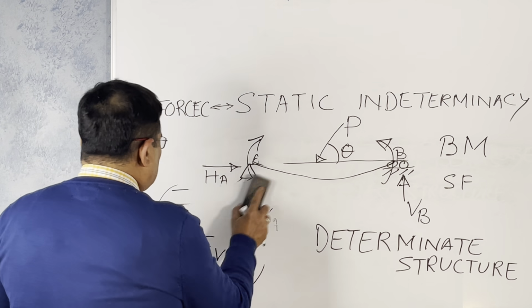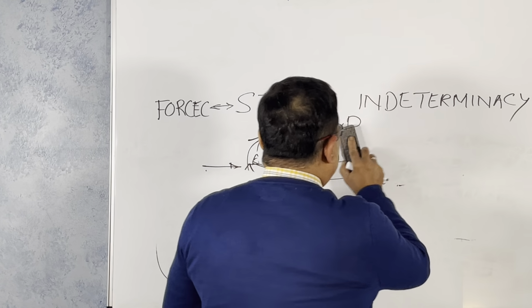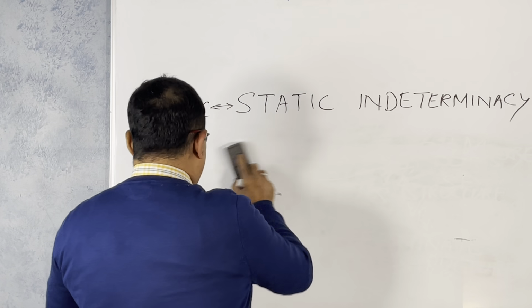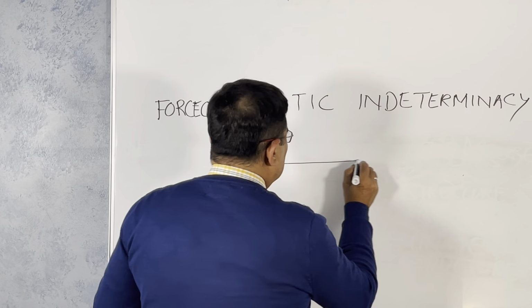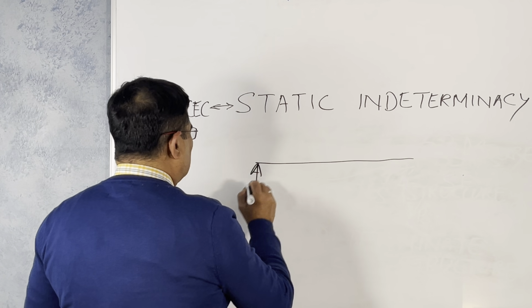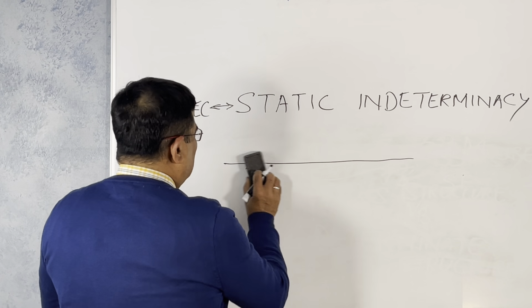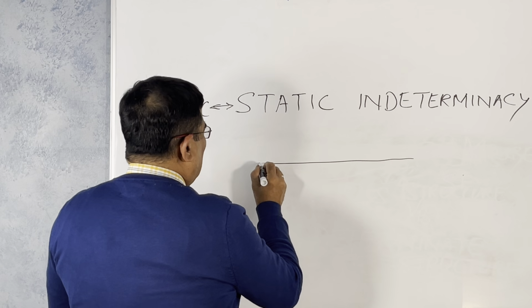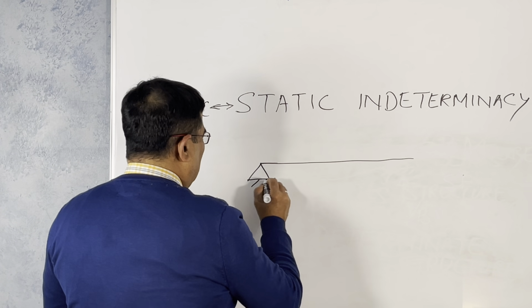What is an indeterminate structure? In a simple form, suppose we consider a beam. We have a beam like this, which is pin jointed.